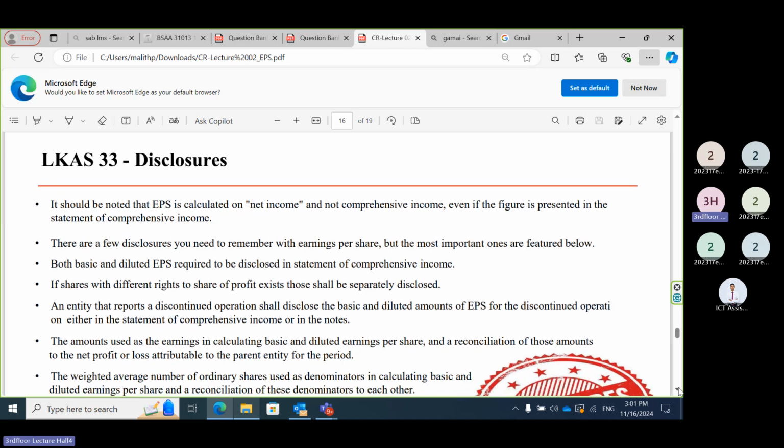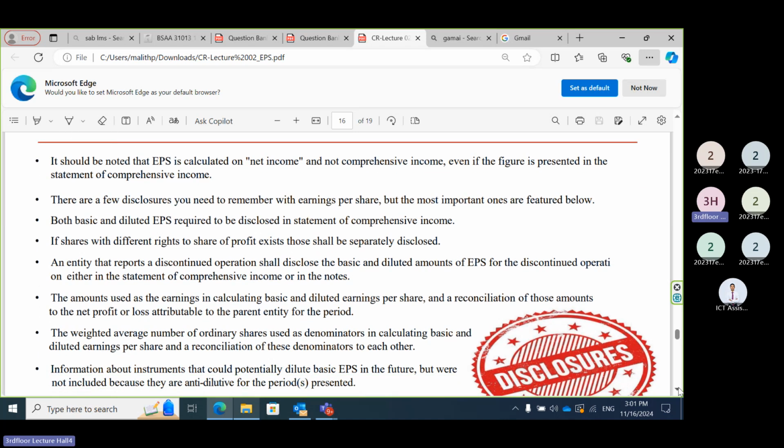And parallelly, if you have a bonus issue or right issue, the bonus element should be adjusted to the last financial year. This amount should be adjusted to the previous year and it should be restated.